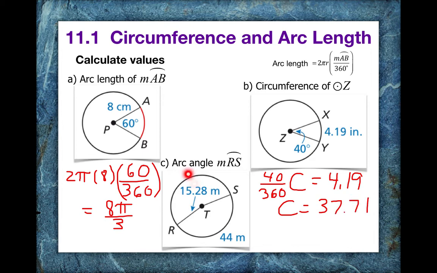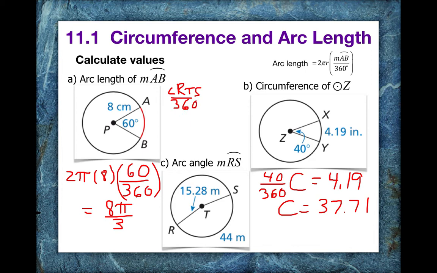Now let's look at C here. We have an arc angle that we want to find. We have the arc length, which is 44 meters, and we have the radius, but we want to find the angle STR. So to find that, we're going to use the angle itself, the angle RTS over 360 degrees.